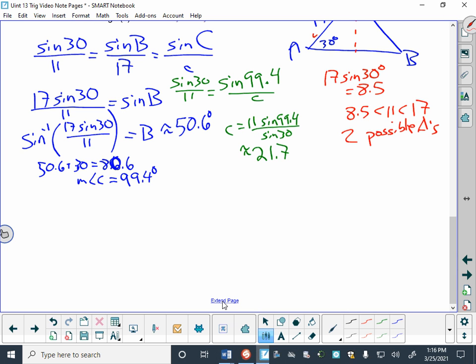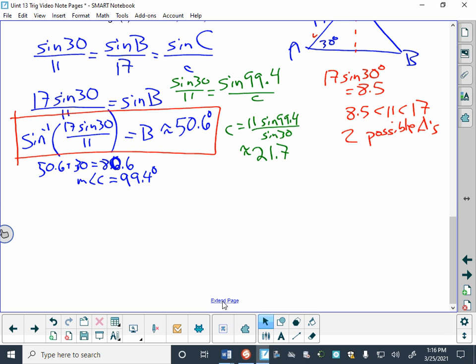But the problem was here. When I did the inverse sine of this, as a decimal number, that is 0.77, the 17 sine 30 over 11.